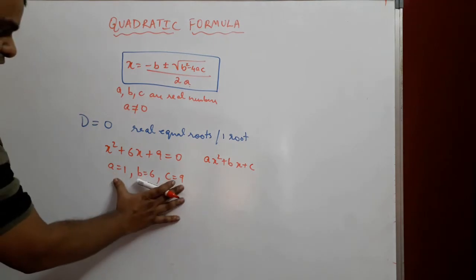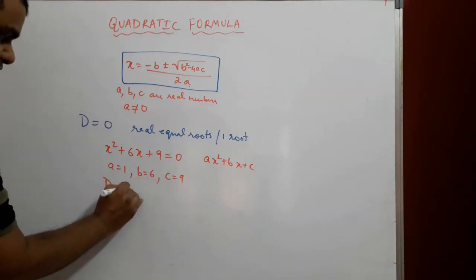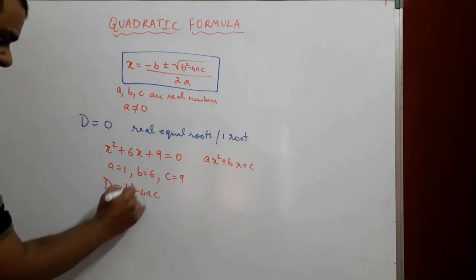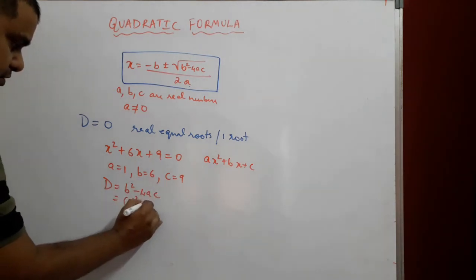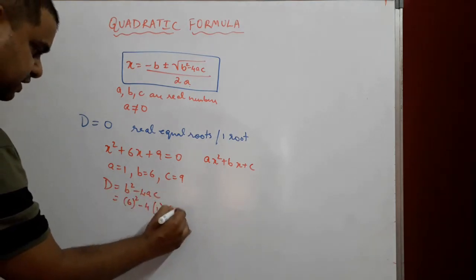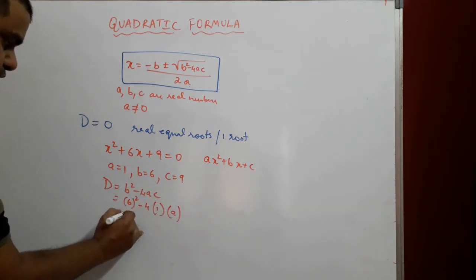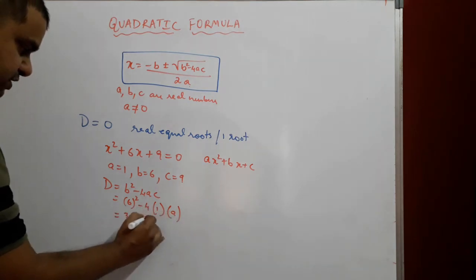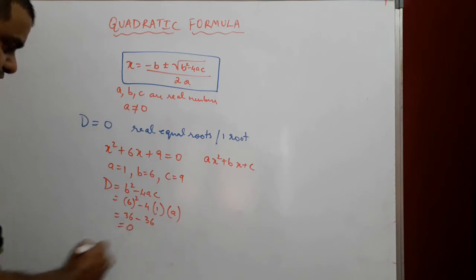Now we put these in the discriminant formula, D equal to b square minus 4ac. b is 6, so 6 whole square minus 4 into a, which is 1, and c, which is 9. 6 whole square is 36, minus 4 into 9, which is 36. 36 minus 36 is 0.